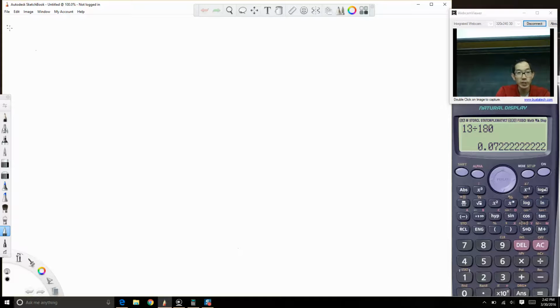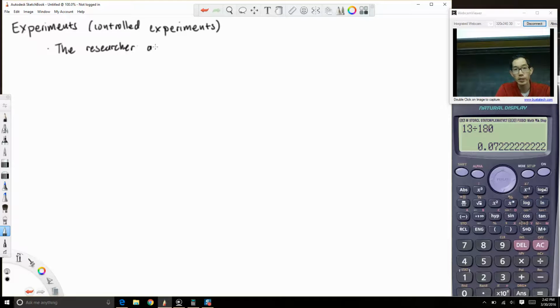On the other hand, we have experiments. And perhaps controlled experiments is a better way to describe this. With controlled experiments, the researcher assigns treatment conditions to the subjects or participants.